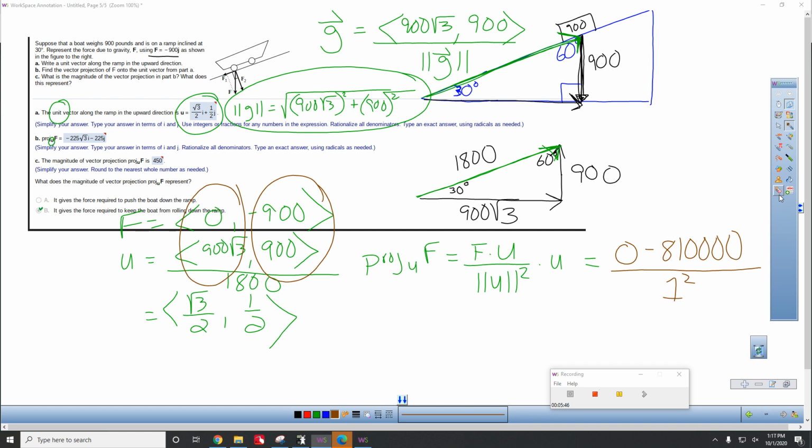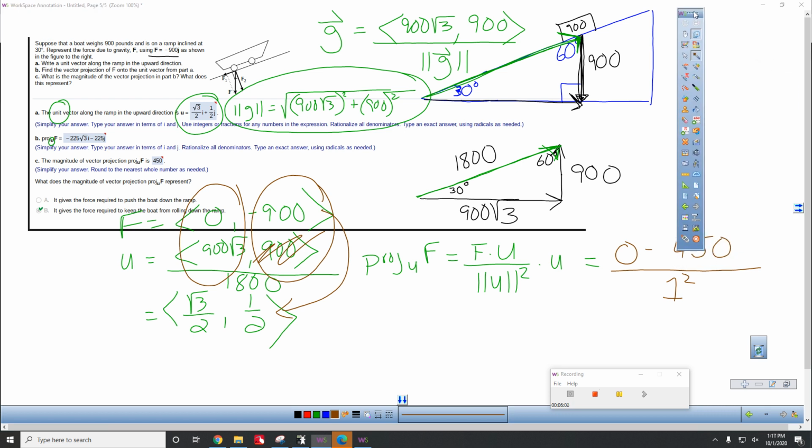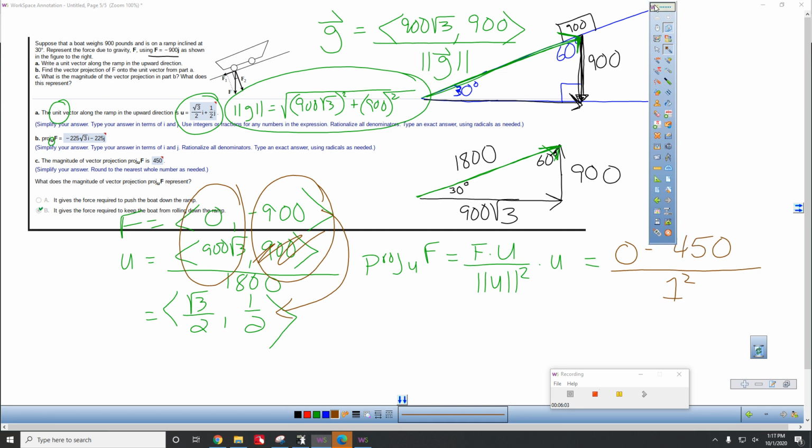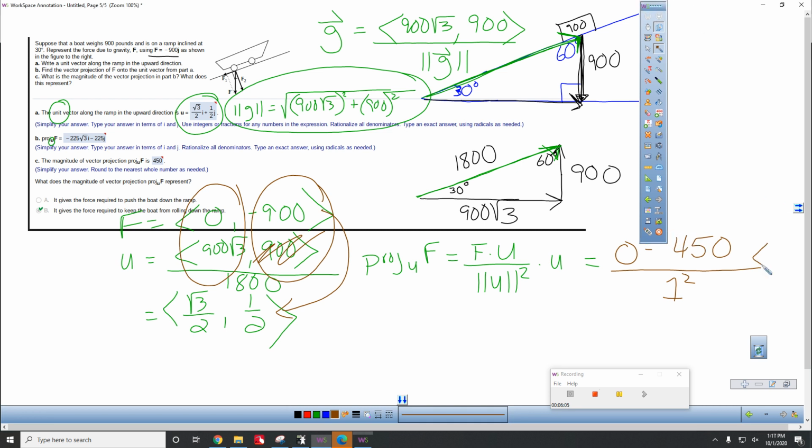Back this up. Okay, not that. 900, negative 900 times a half. Excuse me. So that's negative 450. I was like, this is way too big. And then all of that times the unit vector, which is, we decided, radical 3 over 2, 1/2.